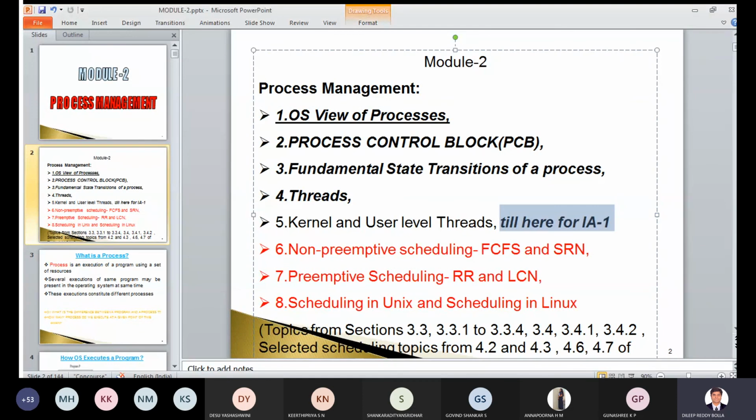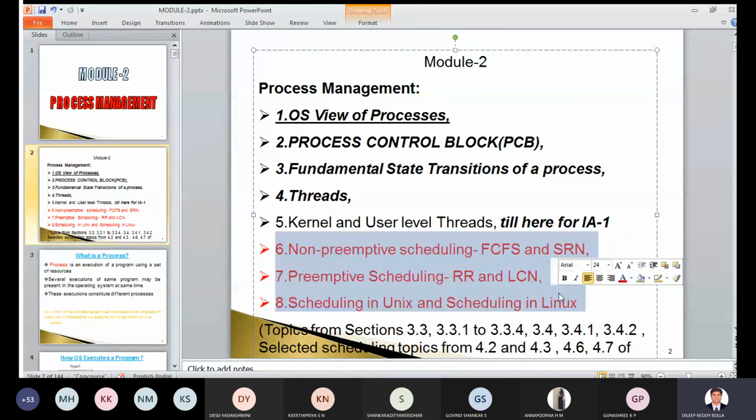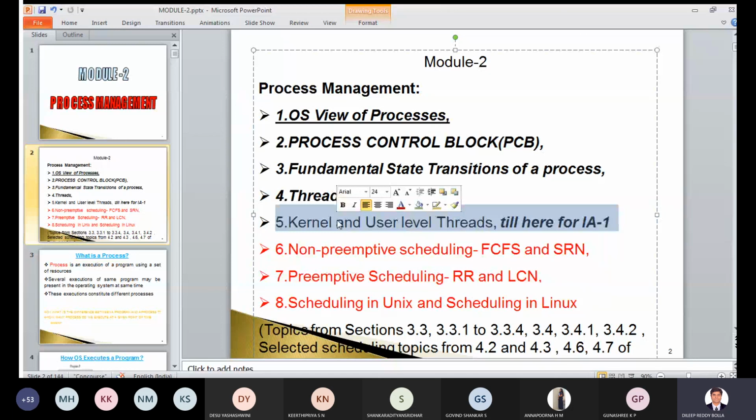Module 2, the weightage is only 10 marks. So you can study till here. You can fetch your 20 marks here, and from this you can easily score your 10 marks. It will be easy. It doesn't make any difference. Only two questions will get added here: kernel level and user level threads. So it's up to you to take a call.